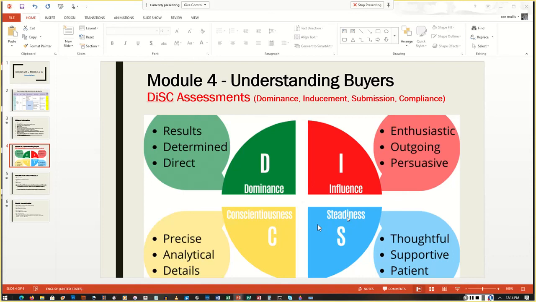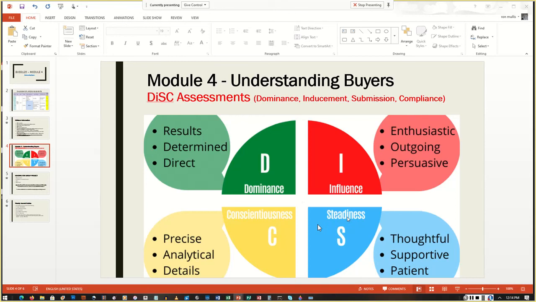The steadiness quadrant deals with even temperedness. So those people with that trait are usually a little more patient or calm when they have to handle difficult situations, or they have to work long hours.